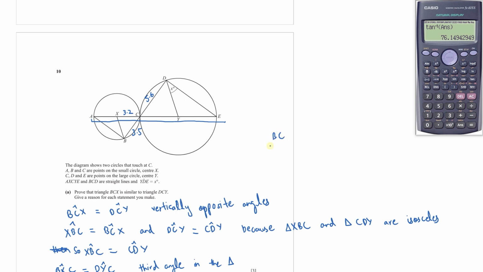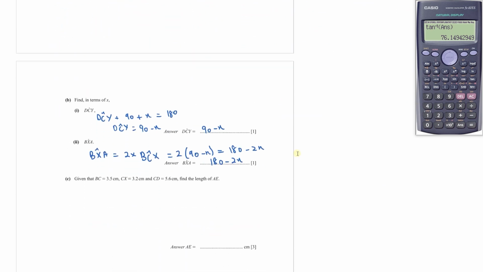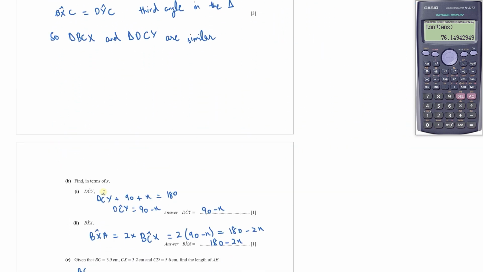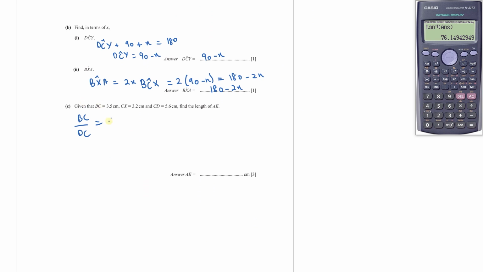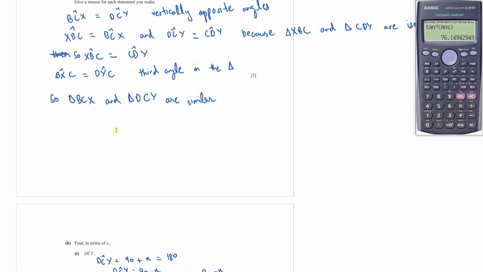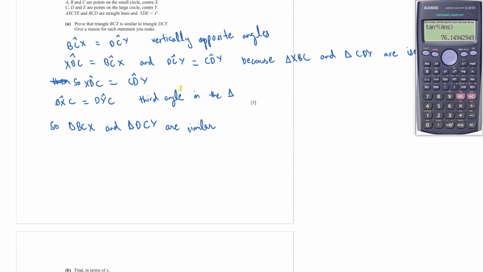So BC over DC will equal this side, which is CX, over this side, which is CY. And the unknown value here is this length CY.